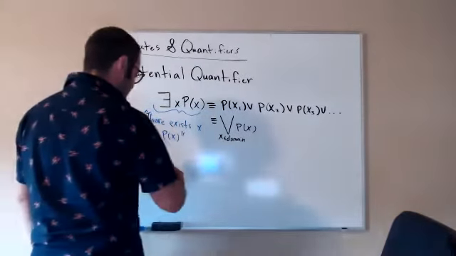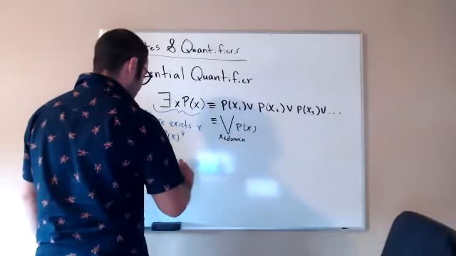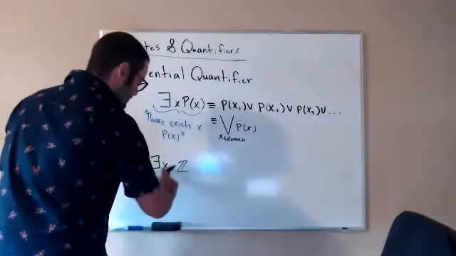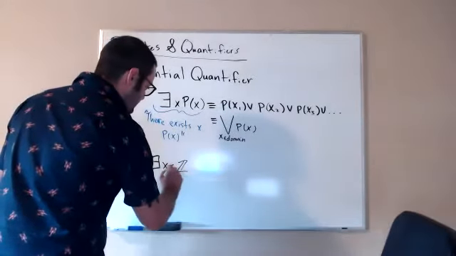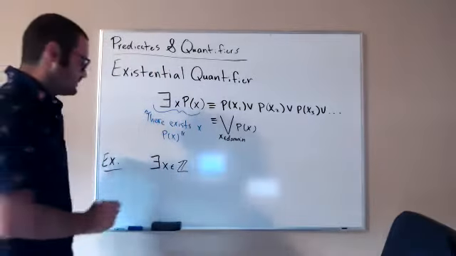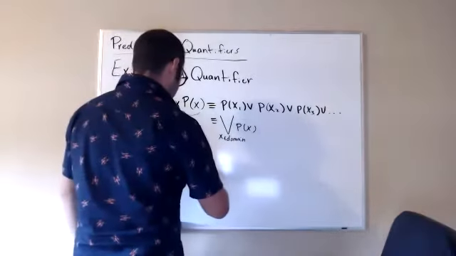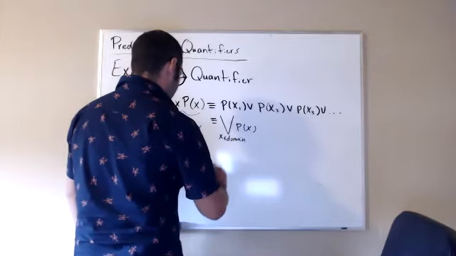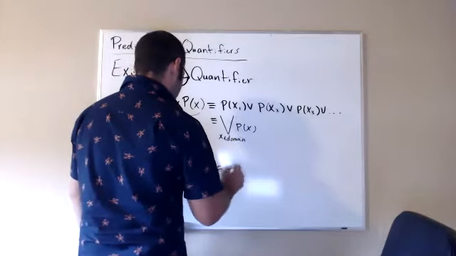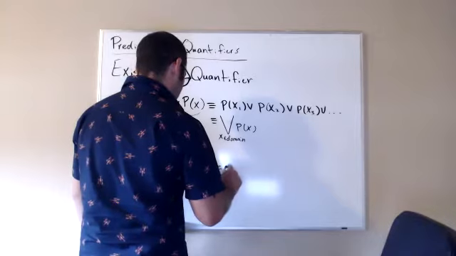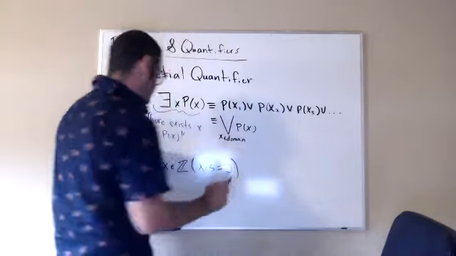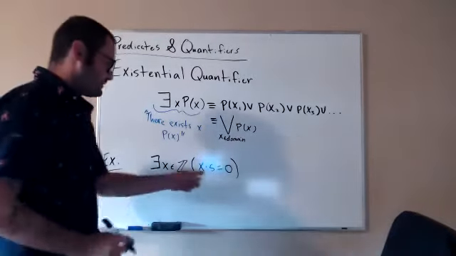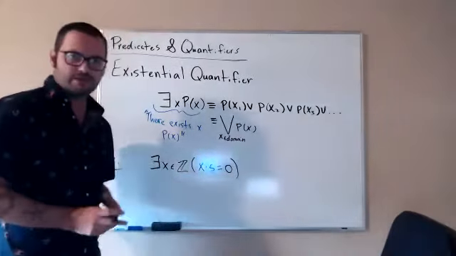there exists x that is an integer. That's an epsilon right there, just to say that it is an integer. There exists an integer x such that x times 5 is equal to 0. Okay. So is this a true statement?